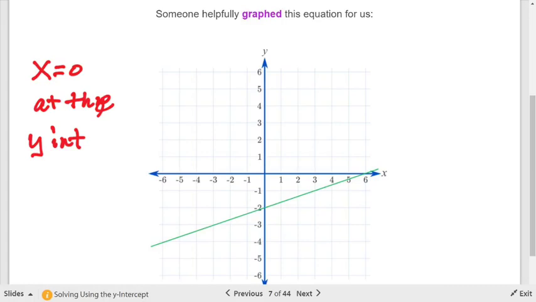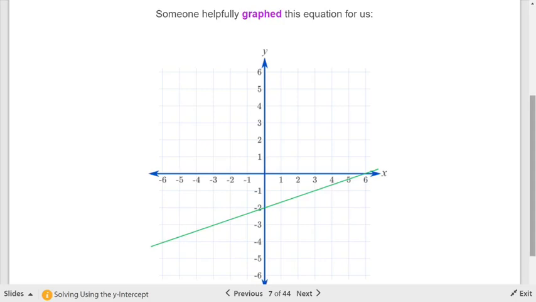At the Y-intercept. Well, what is the Y-intercept for this one? -2. So the solution for this particular equation is y equals -2. If x equals what number? 0. Now, if x equaled another number, would it give you the same value? No. Right? But if at x equals 0, y is equal to -2.